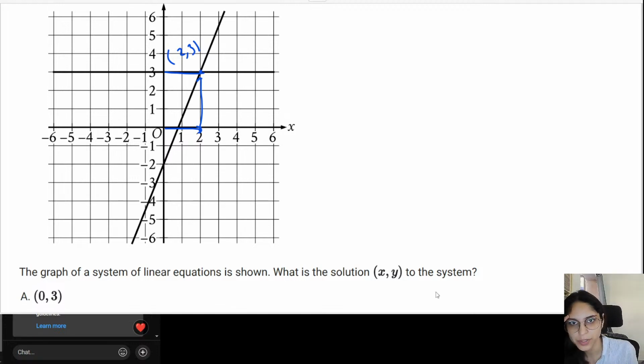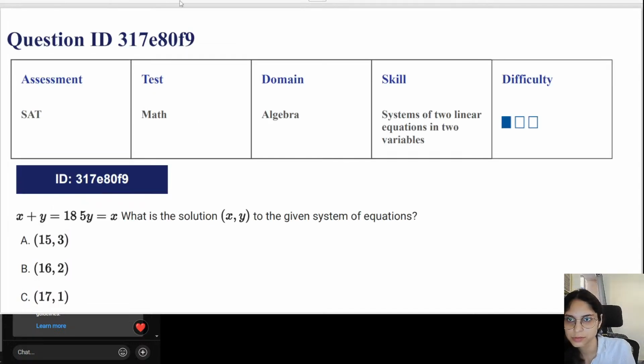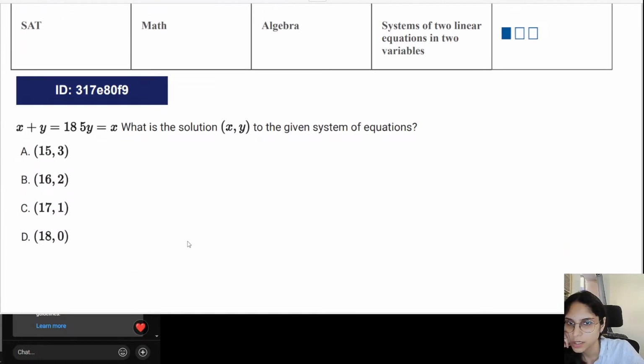Next one is question number 12. x plus y equals 18, 5y is equal to x. You have to find the solution. Use Desmos.